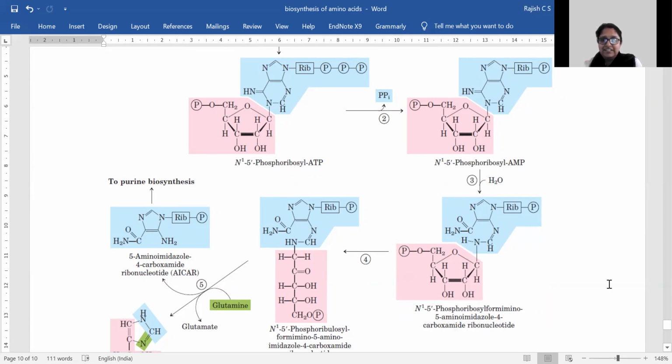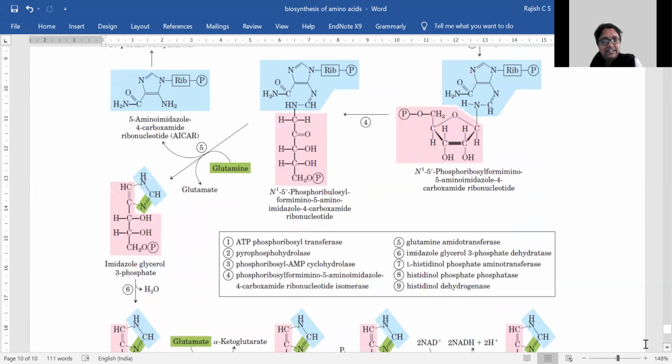So this opening of the ring structure has been carried out by the AMP cyclohydrolase, which hydrolyzes the cyclic structure of the AMP, and once that is done, this entire product will be isomerized into the open structure rather than the ring structure. So it is CH2OP over here, CHOH, it's not changing, but from the ring structure it will be isomerized into the open structure.